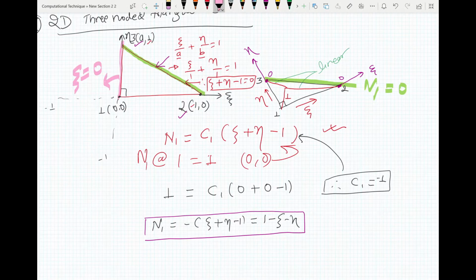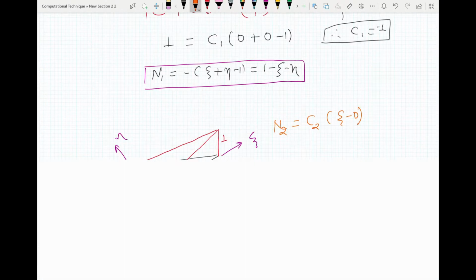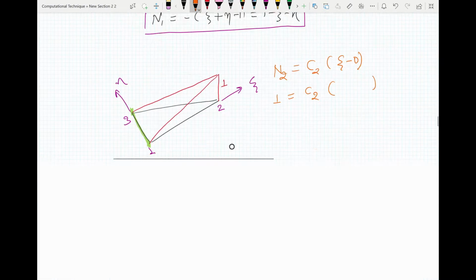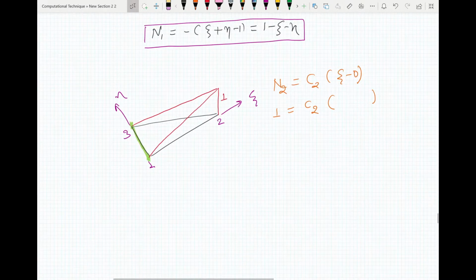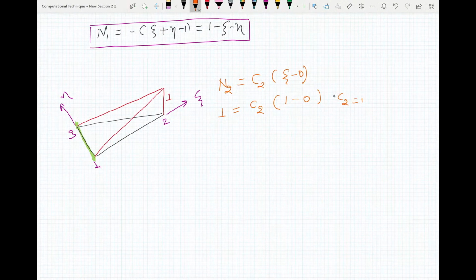Therefore your N2 will become C2 times xi minus 0, and this xi will contain nodes 1 and 3, and according to the definition, N2 equals 1 at node 2. Now for node 2, your value of xi is 1, so it will be 1 minus 0. Therefore your C2 will be equal to 1. Therefore your N2 will be equal to xi.